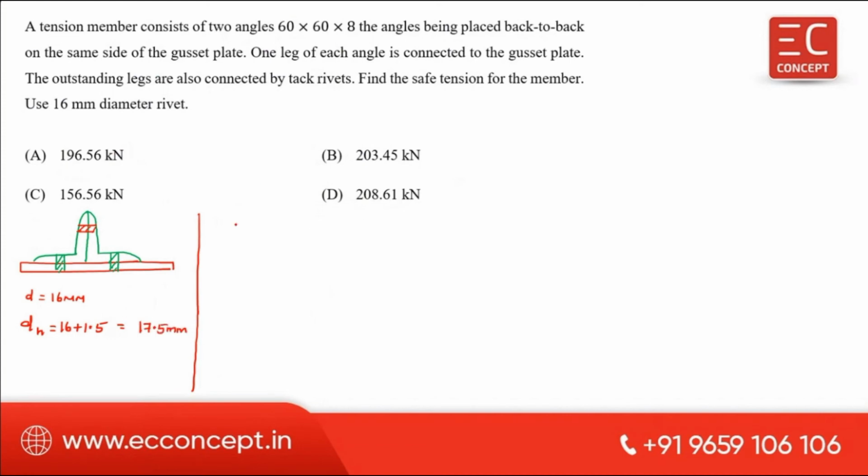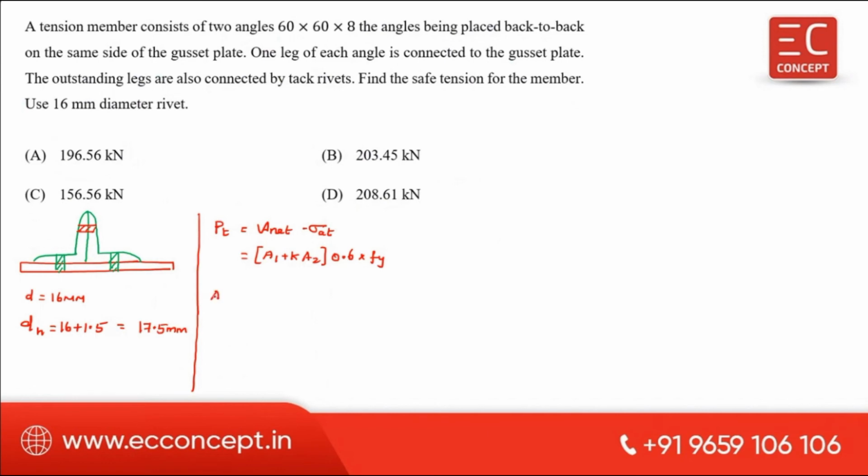Okay. So if two angles are connected with the gusset plate back to back, then A net is calculated like that. Okay. So we know that the tensile force carrying capacity is equal to A net into sigma at. So A net is equal to A1 plus K A2 into sigma, this is 0.6 into Fy.